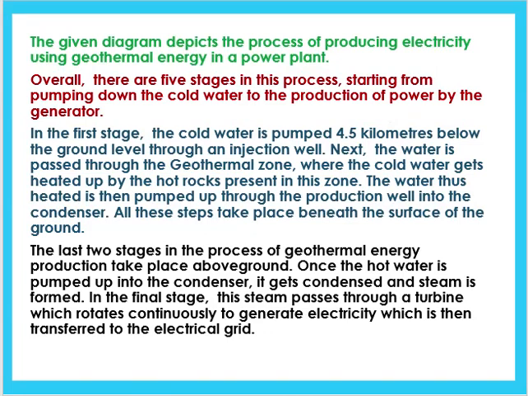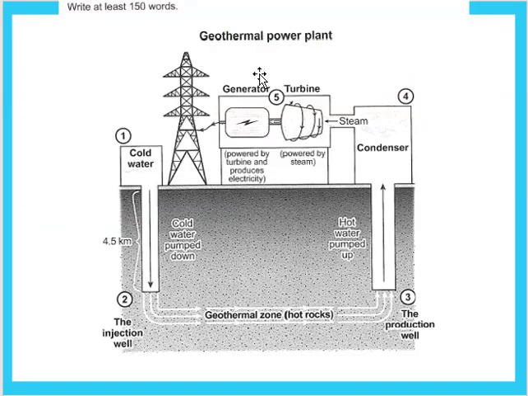Now in the final stage, so what is happening in the final stage? Stage number 5, the steam is passing into the turbine and then electricity is generated by the generator and it is then passed into the electrical grid. It is also called electric grid.